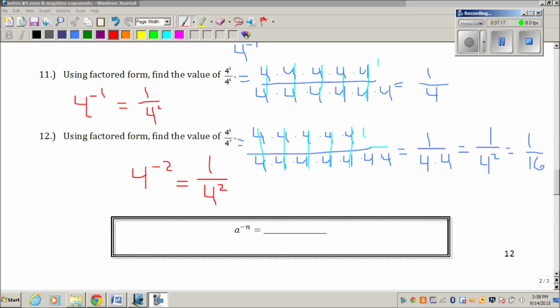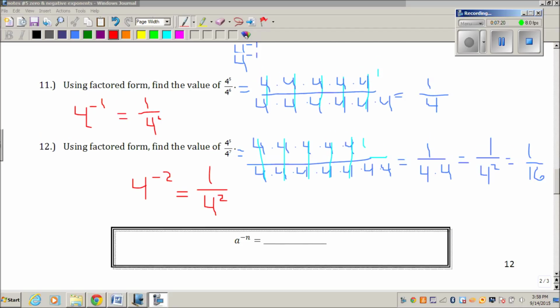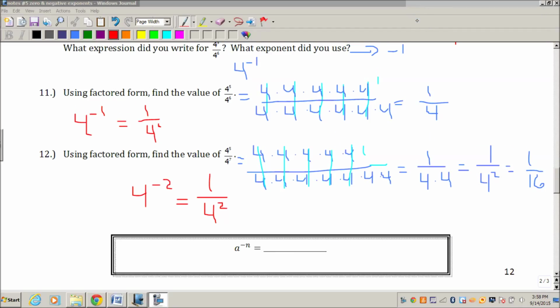It means instead of using a in the numerator, it's going to be 1 divided by a to the n power. So a negative exponent tells you to take the reciprocal of the base. You flip the base, and then the exponent is now positive.